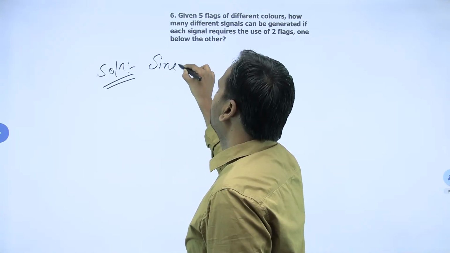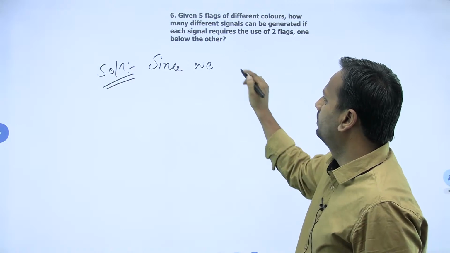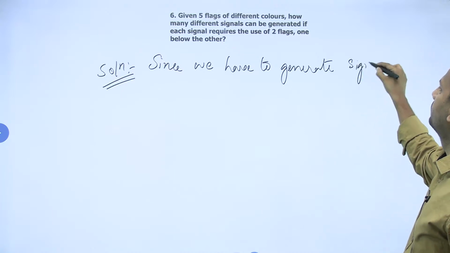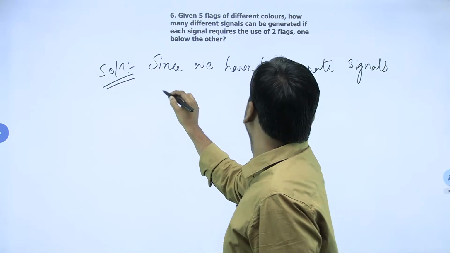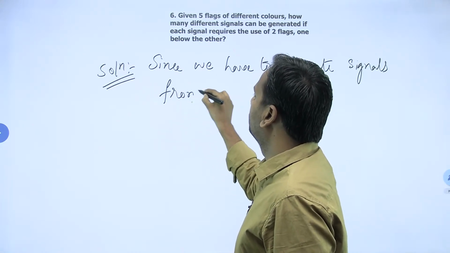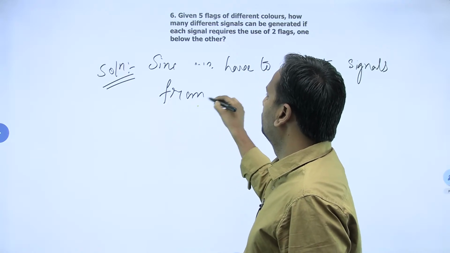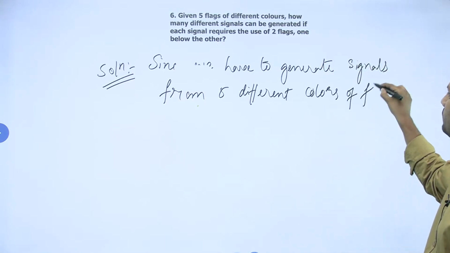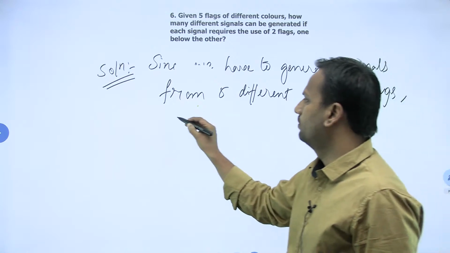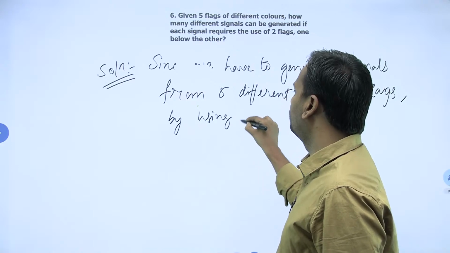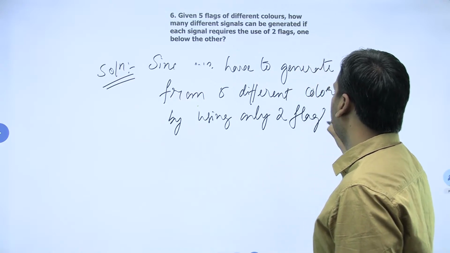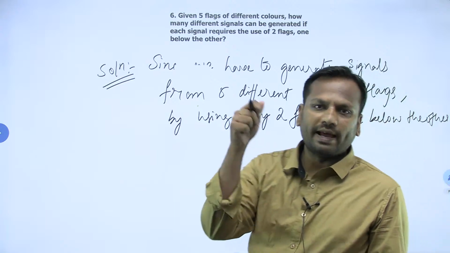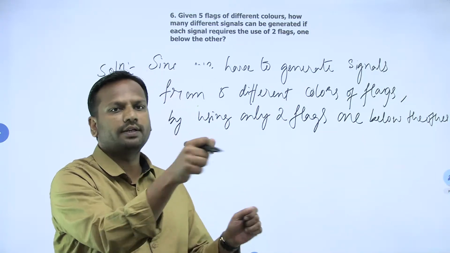Since we have to generate signals from five different colors of flags by using only two flags, one below the other, I have to take two flags, right? By taking two flags, one below the other, I have to generate the signal, students, right?